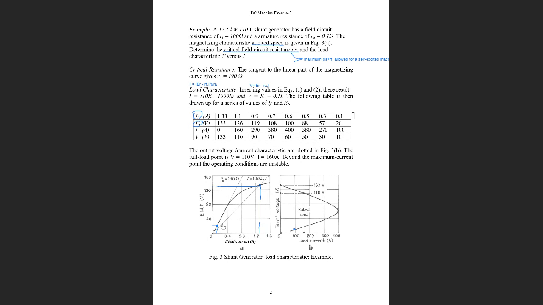For a given field circuit, we have a straight line like this, with a slope smaller than the critical value. The field circuit resistance is 100 ohms, while the critical value is 190 ohms. Smaller than this means that the machine can self-excite.